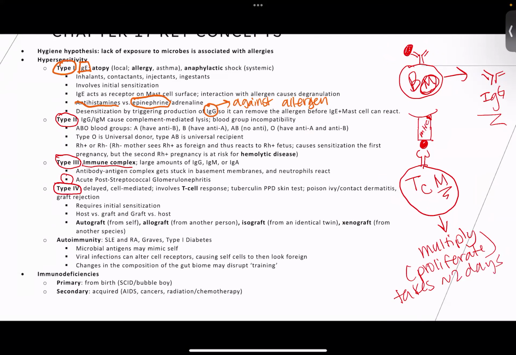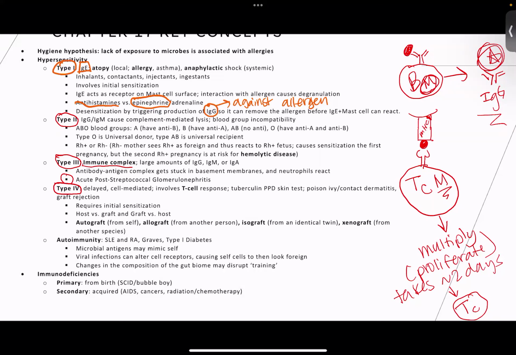Then those proliferated cells will be actual functional cytotoxic T cells that can go kill infected self cells. So that memory response for your cytotoxic T cells, if you only had cytotoxic T cell memory and didn't also have your antibody memory, then every time that you re-saw a virus that you've seen previously, your memory would take a couple days to catch up.